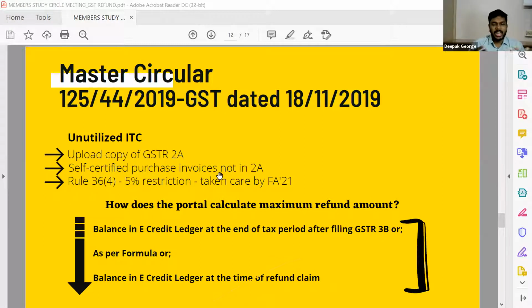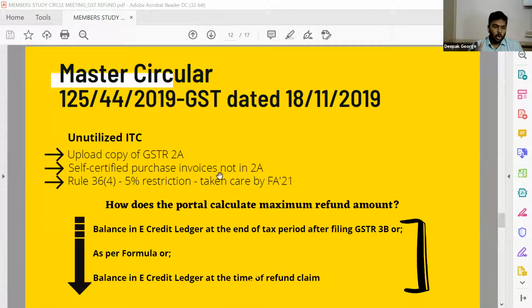Again, the file size for these GST refund applications is only 5 MB, but the government says I need the 2A copy. They don't say monthly, quarterly or yearly 2A. You have to download 12 months of GSTR 2A copies and combine them in Excel or Word or PDF and then upload.